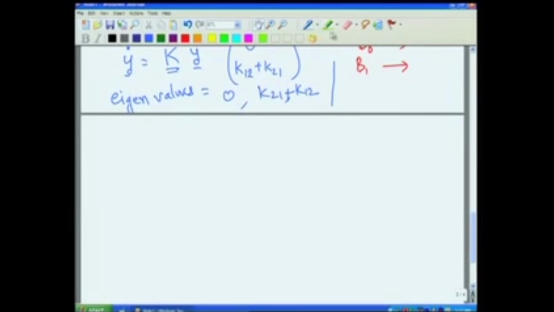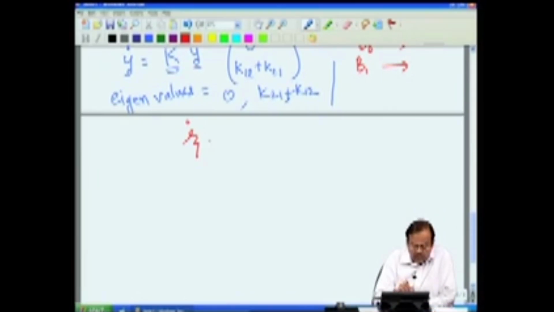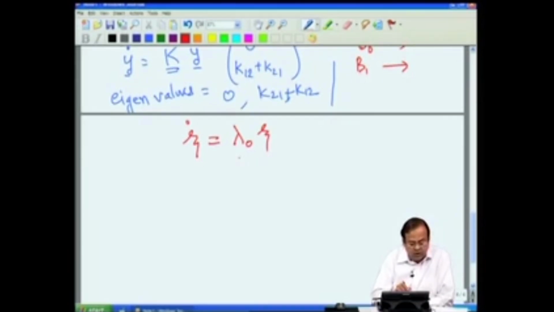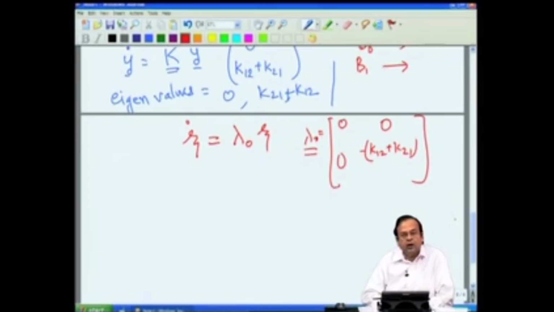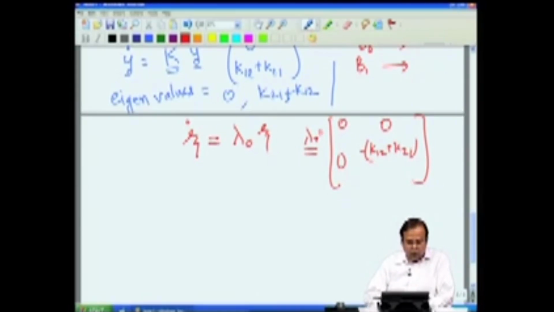So, we can write for my hypothetical species zeta dot, just as we wrote y dot equal to k y, zeta dot equal to lambda 0 times zeta, where lambda 0 is a matrix consisting of negative of eigenvalues, that is 0 and minus k 1 2 plus k 2 1 for this particular example. So, diagonal elements are the eigenvalues.